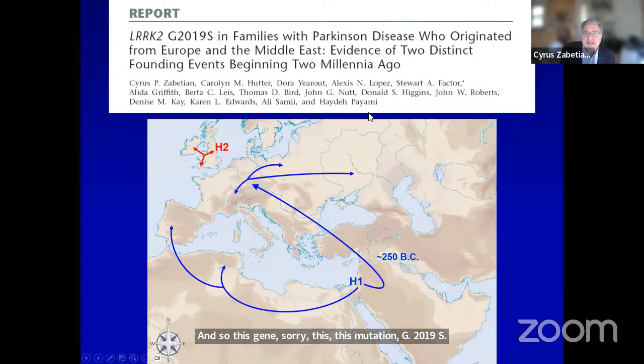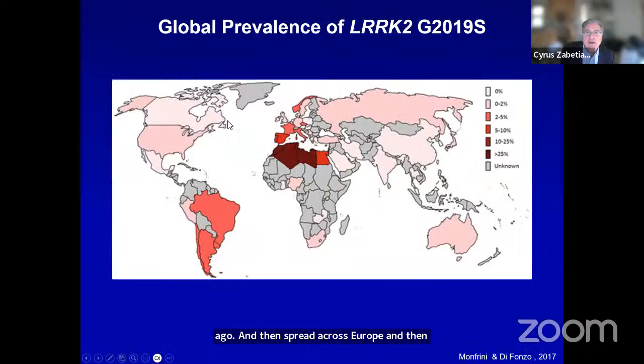We published data almost 20 years ago to show that this mutation probably arose in the Middle East or North Africa about 2,000 years ago, and then spread across Europe and then elsewhere in the world. If you look at its frequency in today's world, this is the frequency of G2019S amongst patients with Parkinson's disease.